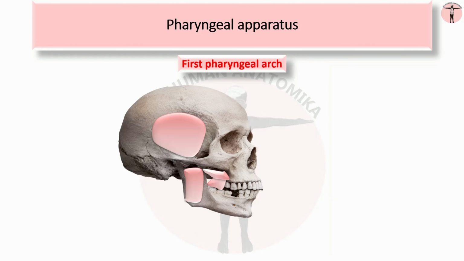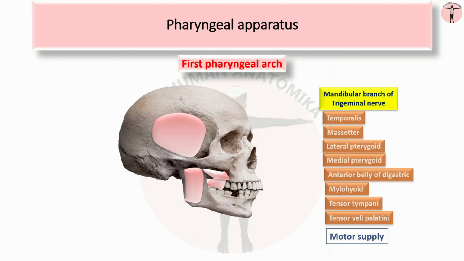The nerve of the first arch is the mandibular branch of the trigeminal nerve. So, the muscles derived from the first arch will be supplied by the mandibular branch of the trigeminal nerve.